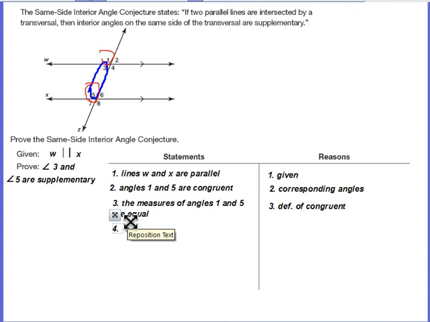And for 4, since we're trying to find supplementary, we need to use our prior knowledge to find angles that, just by looking at the picture, add up to 180 and have some kind of relation with 3 and 5. So since I used 1 and 5, let's look at 1 and 3.